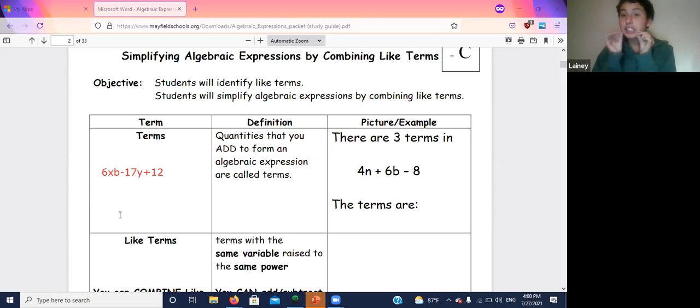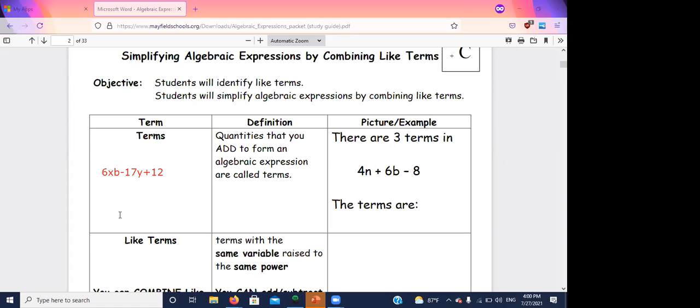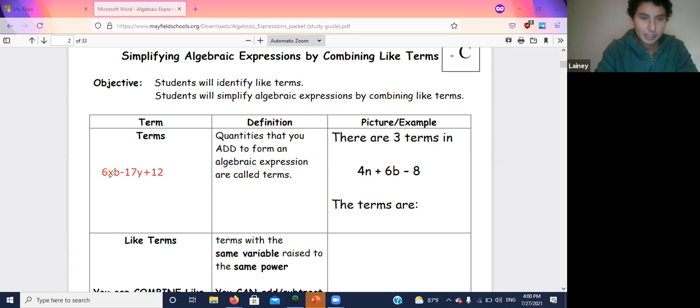And you can either write your answer on the screen, say it verbally, or type it in the chat, whatever's best for you. Would it be 4 terms? Well, let's look a bit closer at that. So here's everything that's split with a plus or a minus sign. This has 3 terms. Yeah.